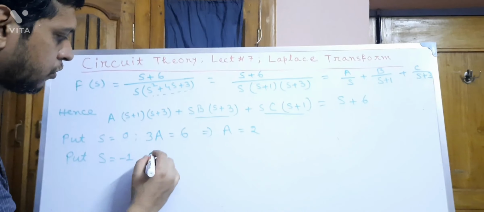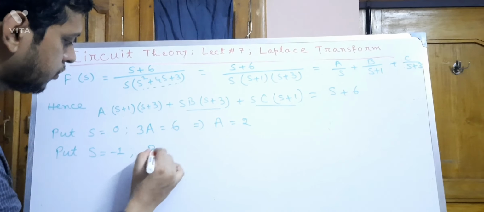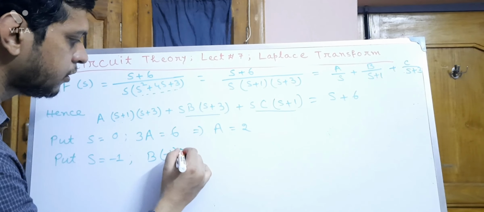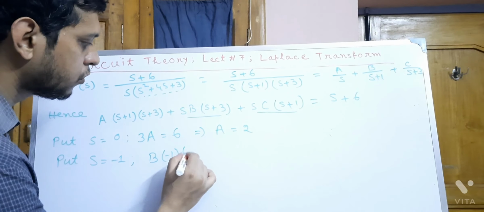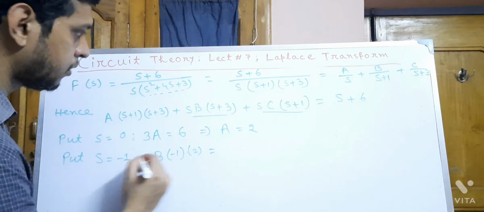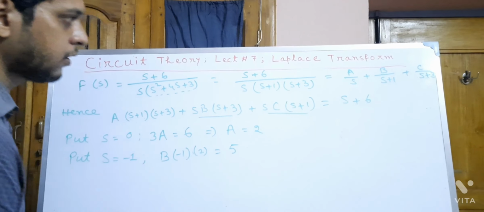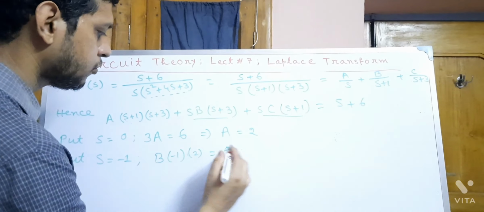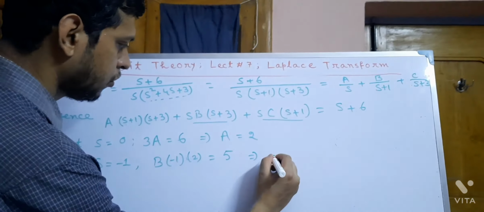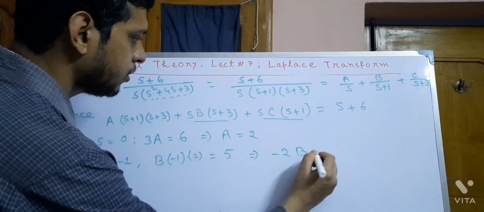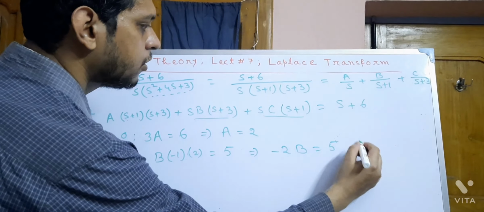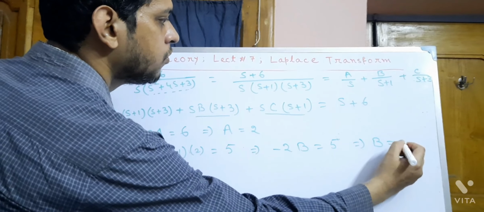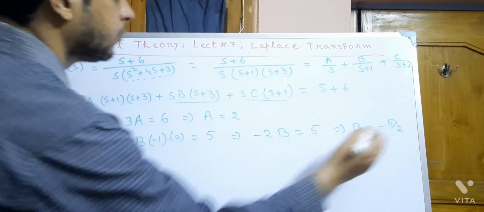So b into minus 1 into 2 equal to what? Minus 1 means minus 1 plus 6 equal to 5. So minus 2b equal to 5, or b equal to minus 5 by 2.